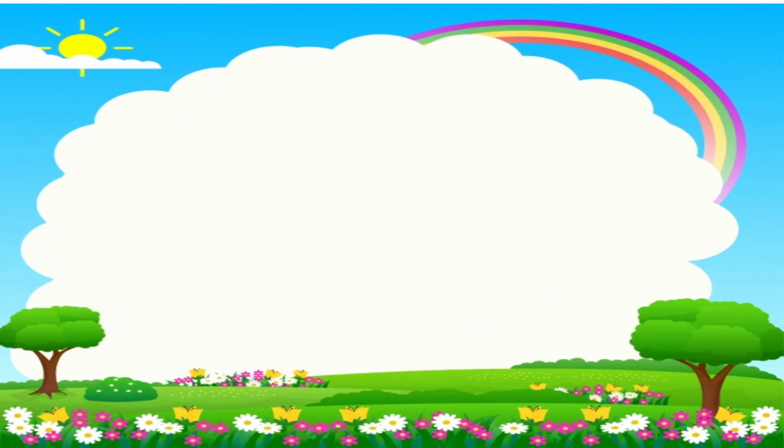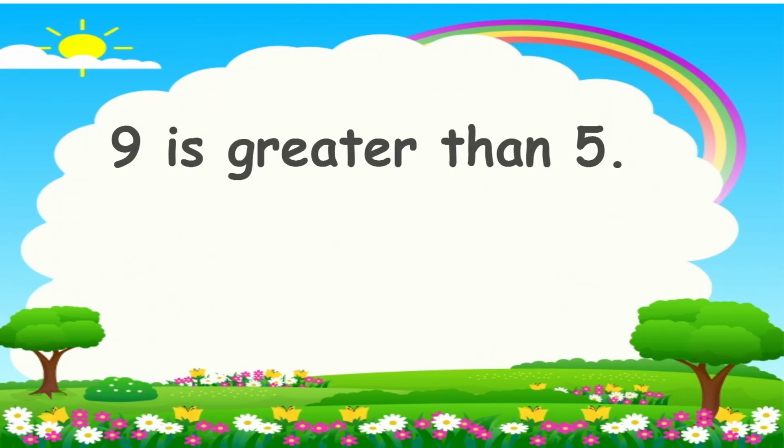Now children, I have a very important question. Listen carefully. 9 is greater than 5. I have given you the sentence and you have to frame the answer with symbol. So how will you write it? First, we will find numbers. When you see the sentence, the first number is 9.